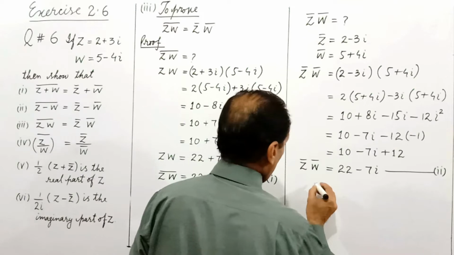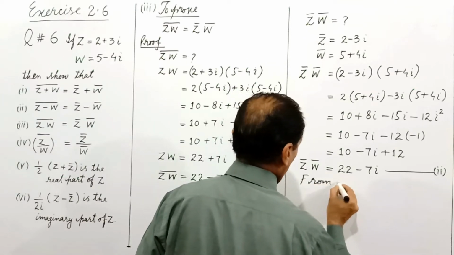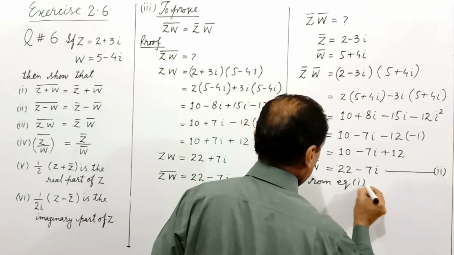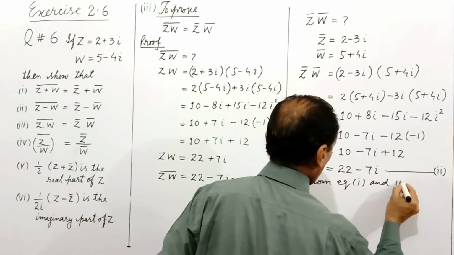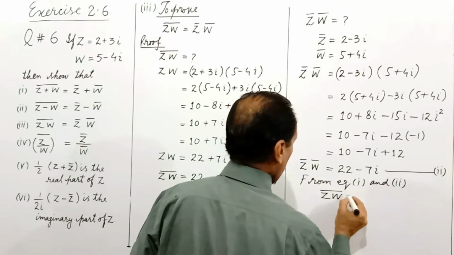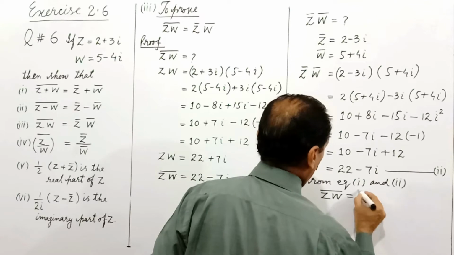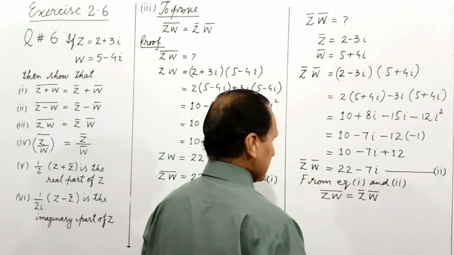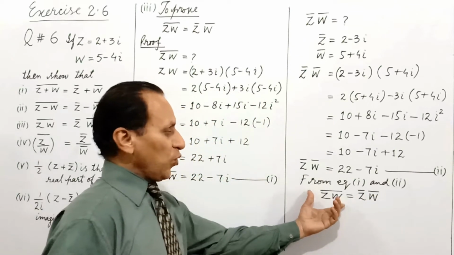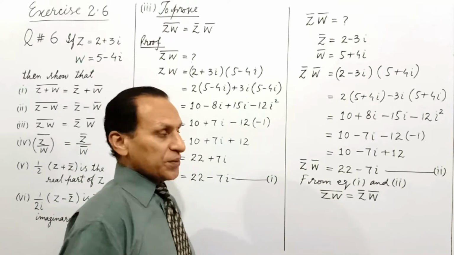So therefore we compare these two equations and write, from equation 1 and 2, ZW whole bar is equal to Z bar W bar. Hence it is proved ZW whole bar is equal to Z bar W bar, and that is for part 3.